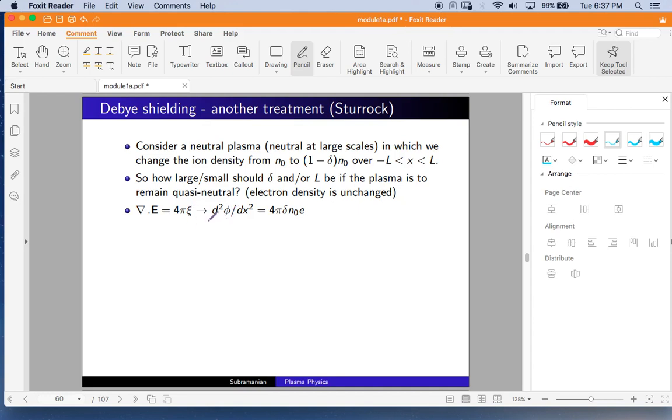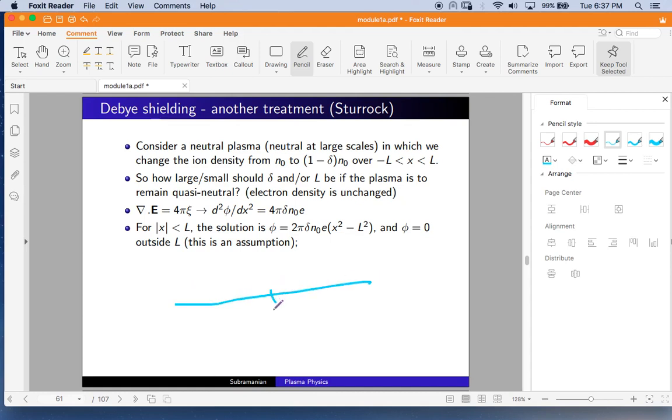Turns out that the solution to this is quite easy. The second derivative is constant. That means on the right hand side it goes as x squared. So for x inside L, where the charge density is introduced, this is minus L and this is plus L. Inside here, the solution is this, and this is the only place we're really interested in.